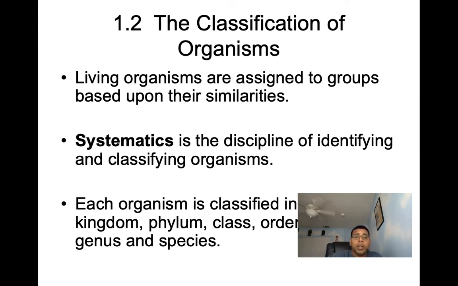Now, when we look at the classification of organisms, living organisms are assigned to groups based upon their similarities. Because life is so diverse, it is helpful to have a classification system to group organisms based upon their similarities.